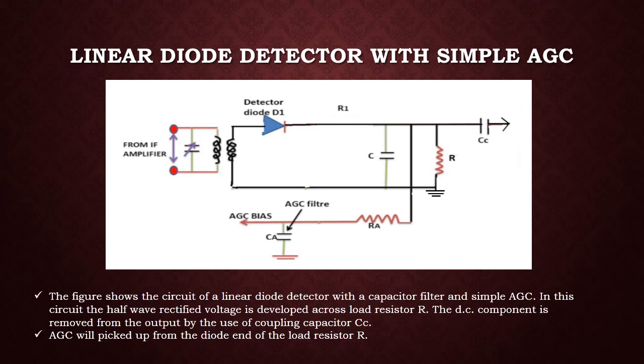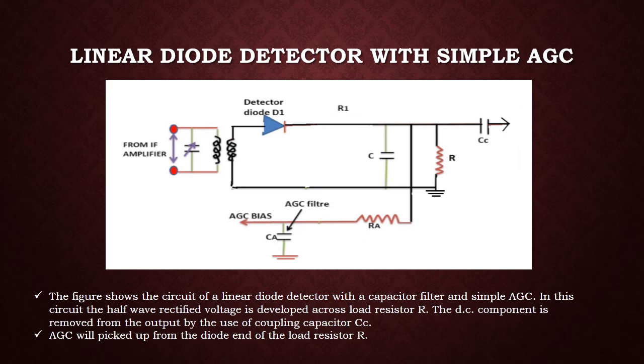In this circuit, the half wave rectified voltage is developed across load resistor R. Capacitor C filters the RF components, due to which only the DC and the modulating frequency voltage are obtained across the resistor R. The DC component is removed from the output by the use of CC, that is coupling capacitor, and AGC is picked up from the diode end of the load resistor R.